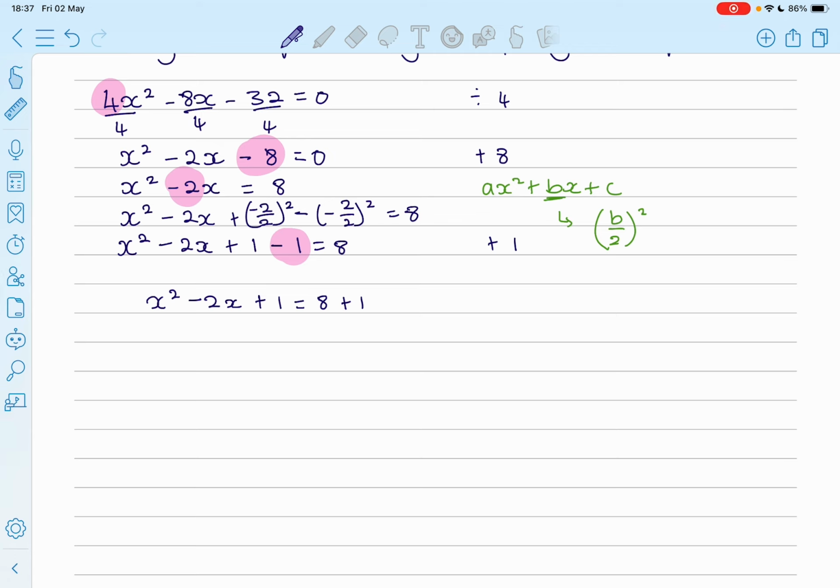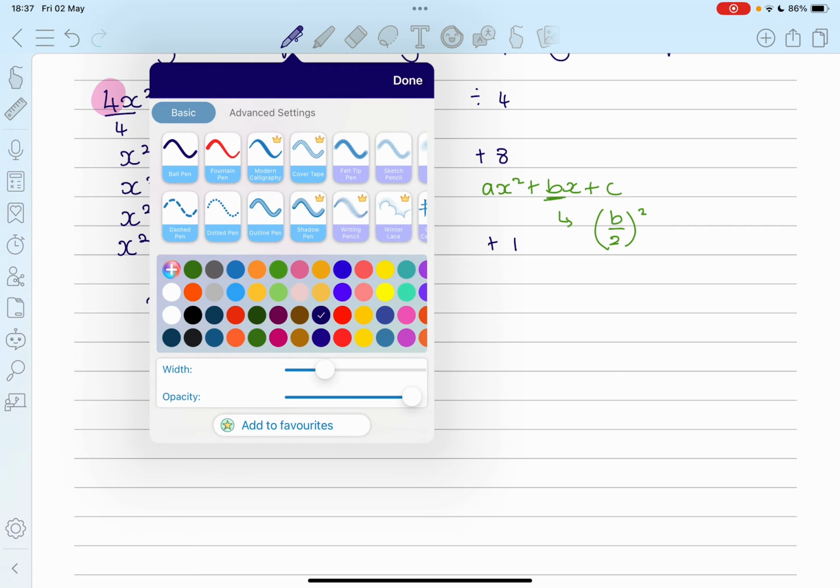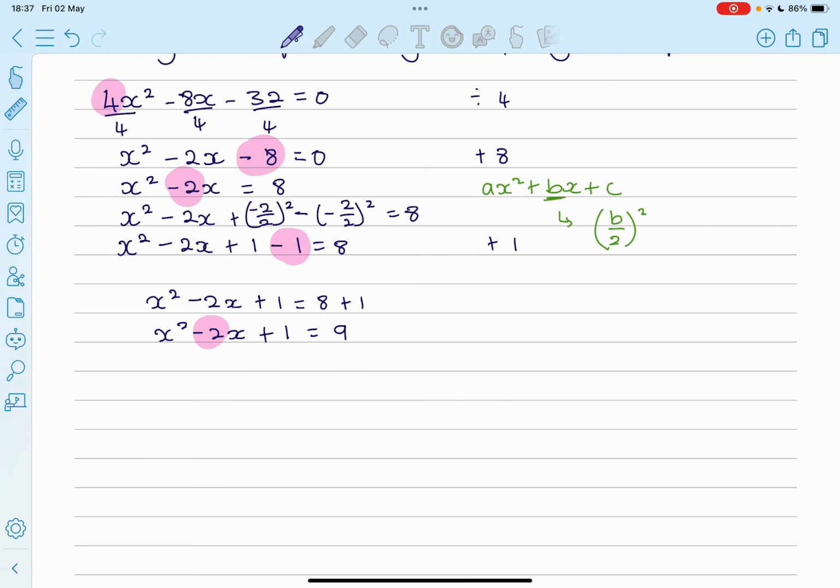All right, so now it's in this form, we can proceed and factorize. So let's simplify the right once more. This is x squared minus 2x plus 1 being equal to 9. Now the trick with factorizing this term after you've just completed the square is to take your b value and divide it by 2.